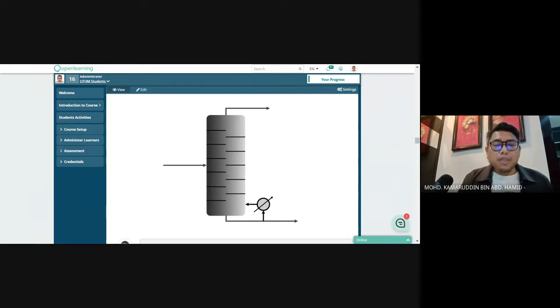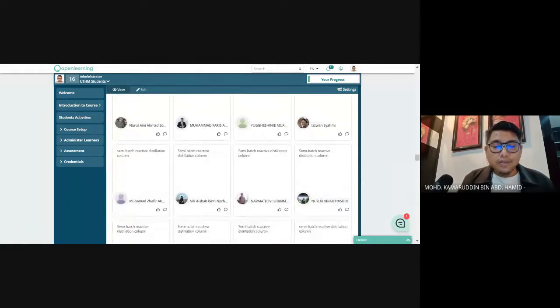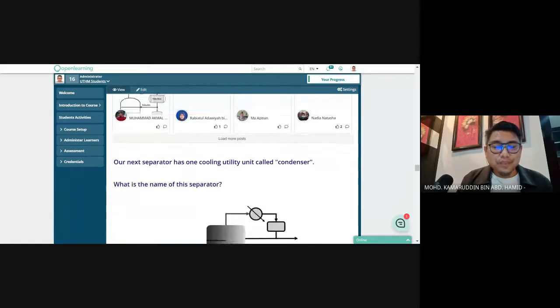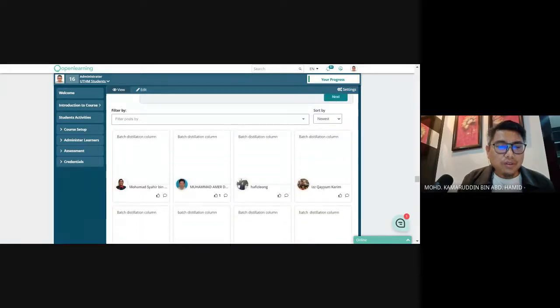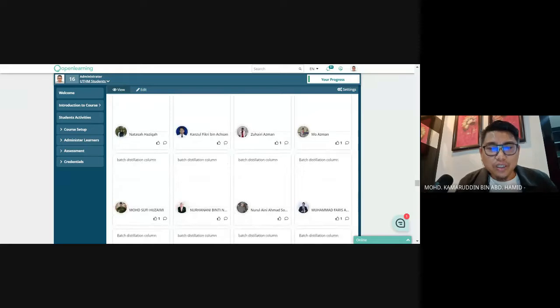Okay, kita pergi kepada separator yang seterusnya. Ini baru nombor 2, batch distillation column. Batch distillation column tu tak ada feed dalam drawing dia, tak ada feed in dan tak ada stream out.